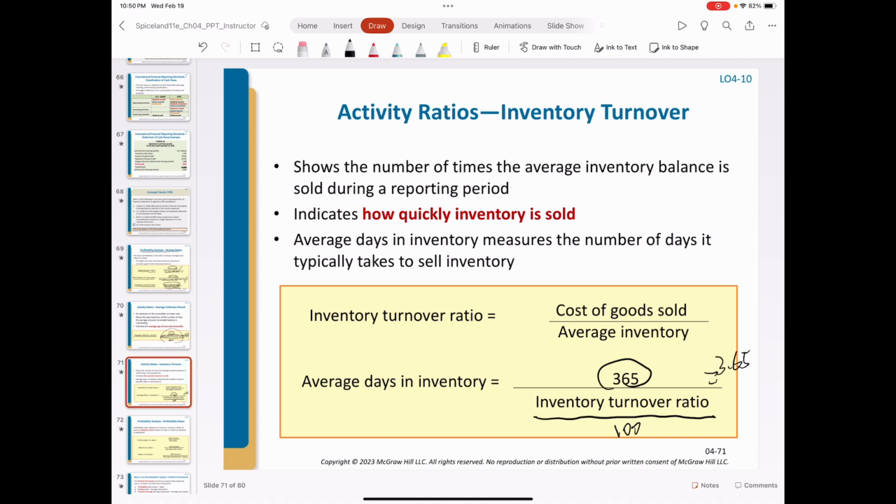This represents that the company can convert its inventory to cash, or sell its inventory, within 3.65 days, which is quite quick, right? It represents that the company's inventory just stayed on the books no more than 4 days.